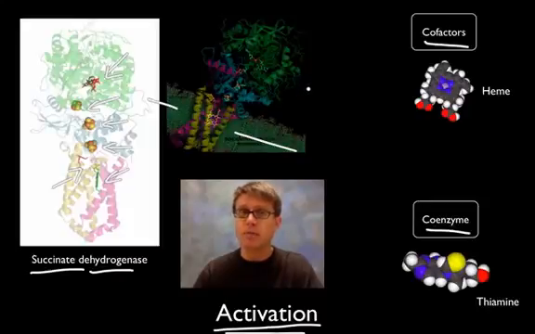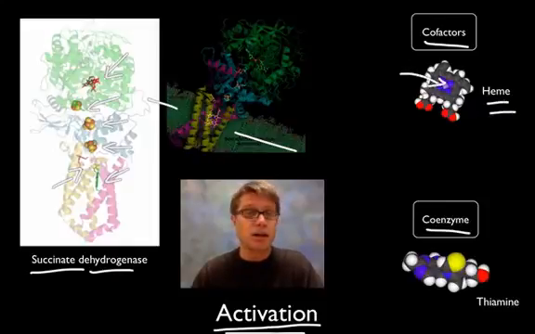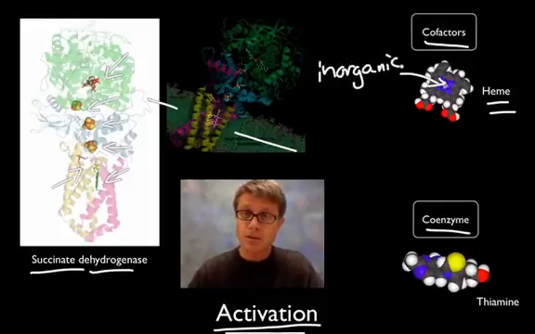What that means is they're not made up of carbon. And so heme's an example of a cofactor. Heme is also what's found in blood. It has an iron atom in the middle, and so that's why we call it hemoglobin. And so what it does is it's creating that hemoglobin protein and activating it. And so cofactors are going to be inorganic. In other words, they are not containing carbon.